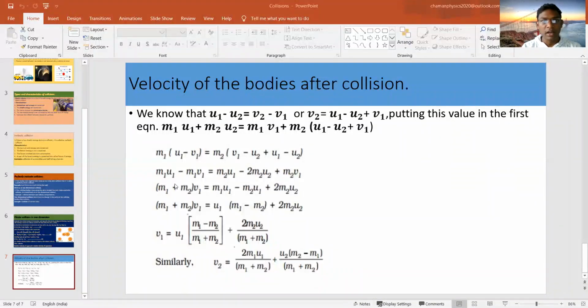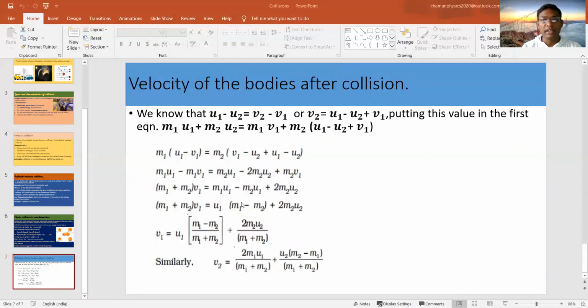Now we have taken v1 common here. Why have we separated v1? Because we are deriving the value of v1. So v1 you will get like this: u1 into (m1 minus m2) over (m1 plus m2) plus 2 m2 u2 divided by (m1 plus m2).